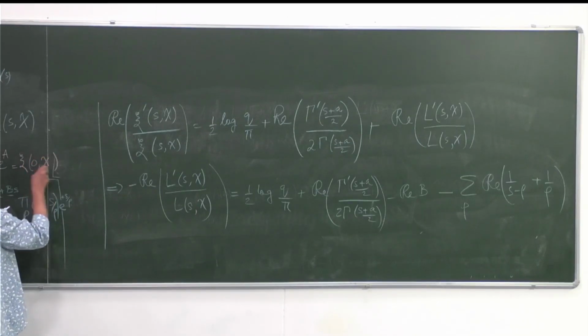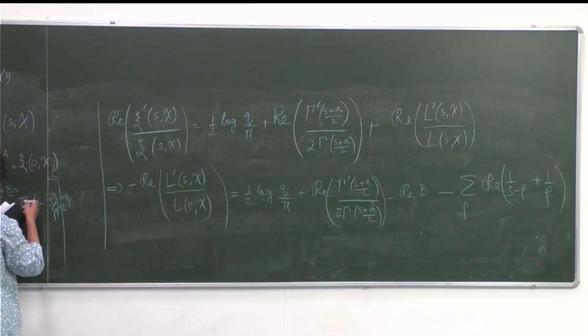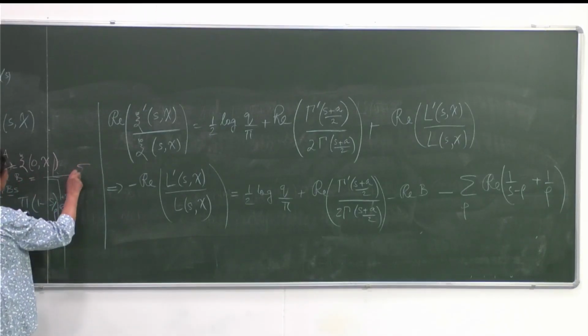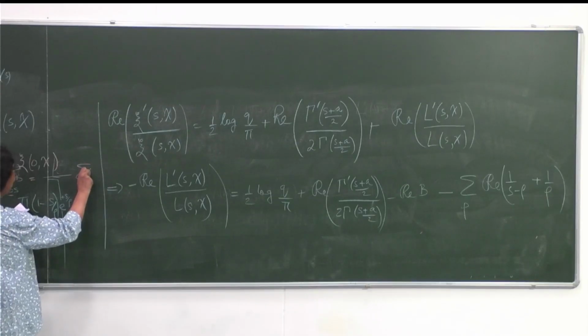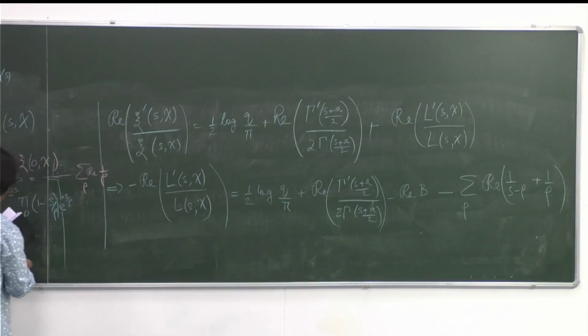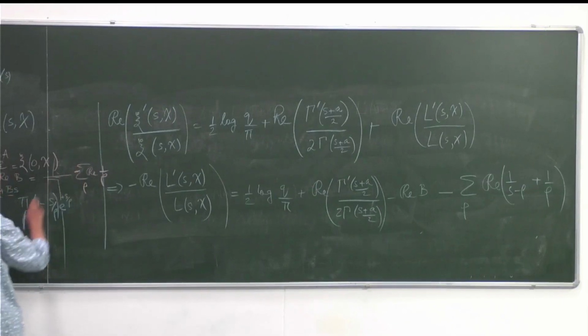You may need it, even if you don't need it just now. And the real part of B is equal to the sum over rho of the real part of 1 by rho. So now I'm going to put that sum instead of the real part of B.